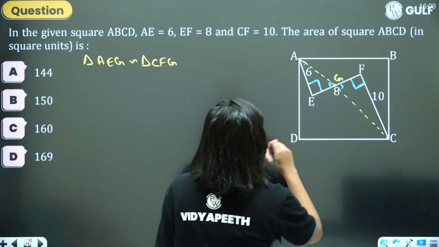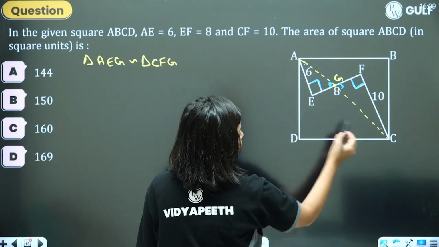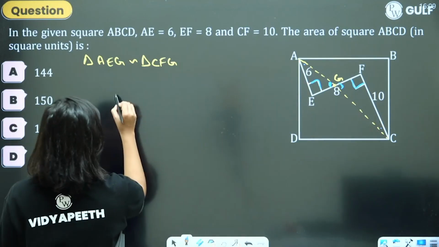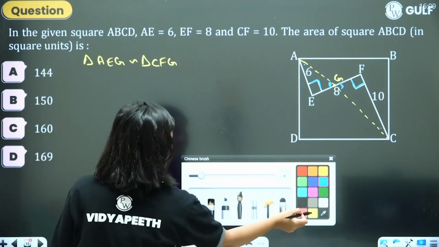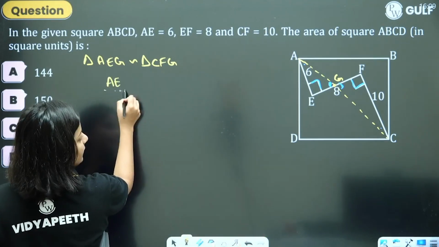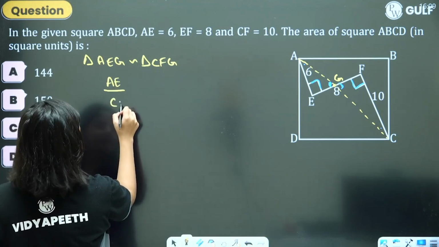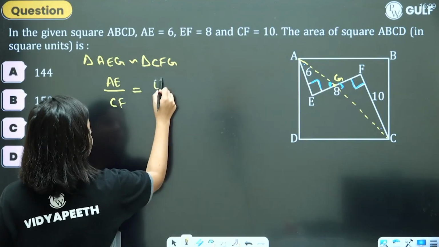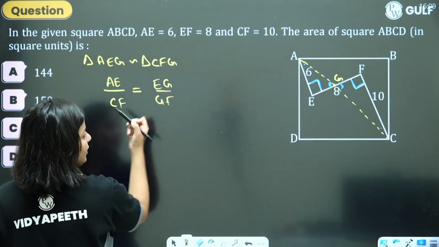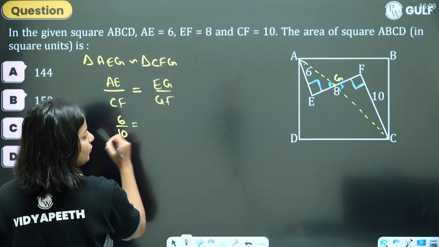Okay, so this is already 6 and this is 10. Can I say AE upon CF will be equal to EG upon GF? AE upon CF, 6 upon 10, is equal to EG upon GF.